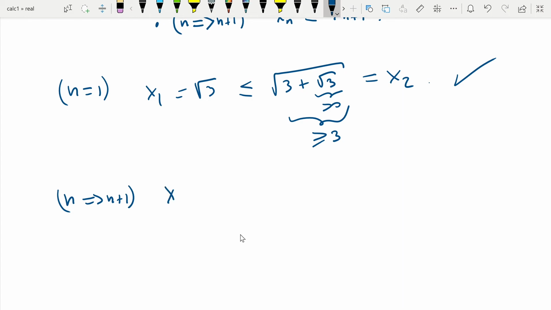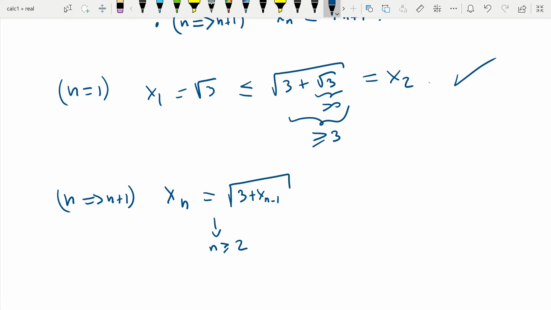So we want to show that x sub n is less than or equal to x sub n plus 1, and x sub n is equal to the square root of 3 plus x sub n minus 1. Remember that here we can assume that n has to be greater than or equal to 2.